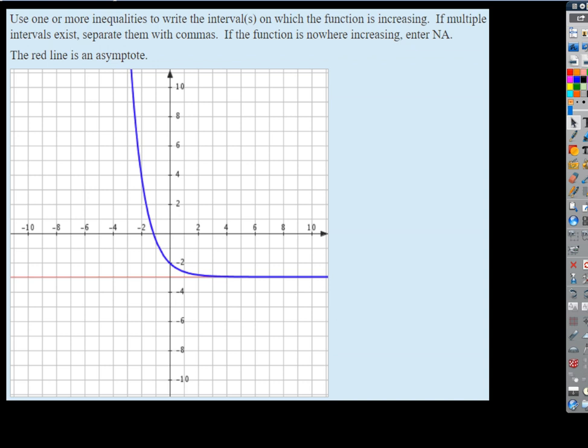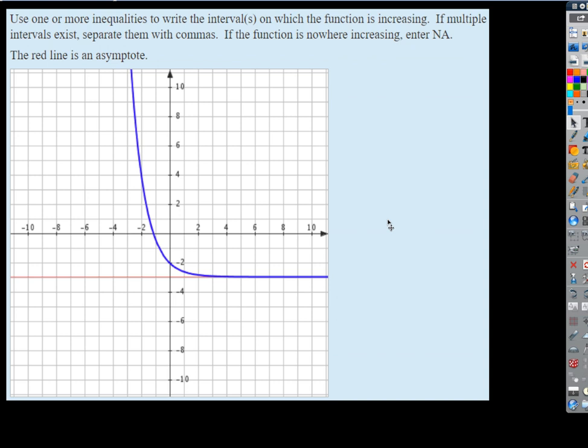Okay, how about this? Use one or more inequalities to write the intervals in which the function is increasing. So where is this function increasing? Is it increasing anywhere? From 2? 4? No, the other way.